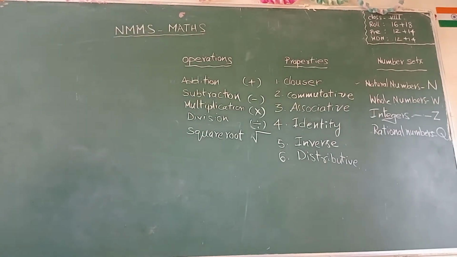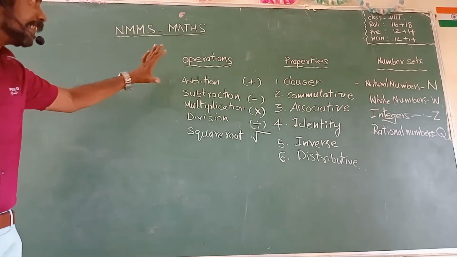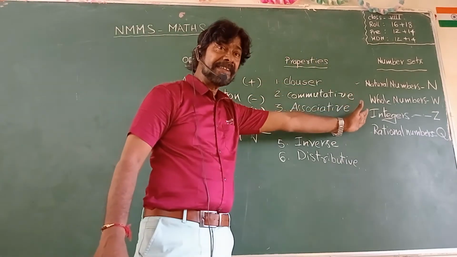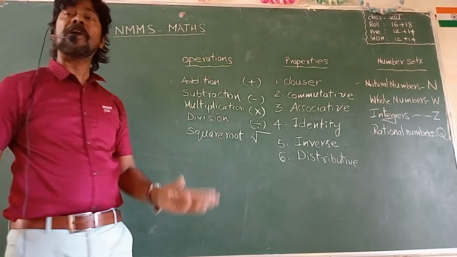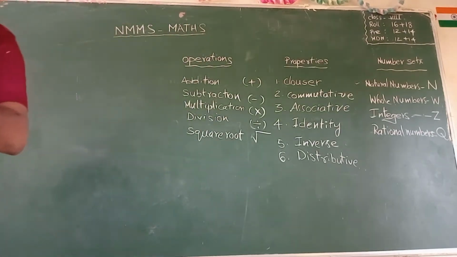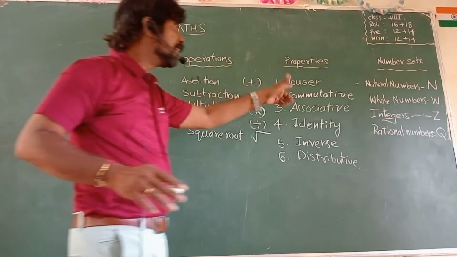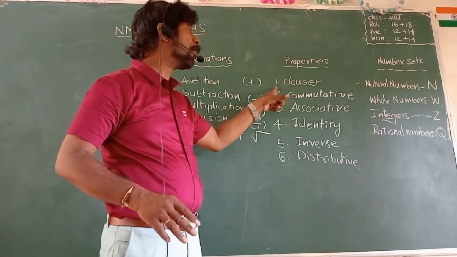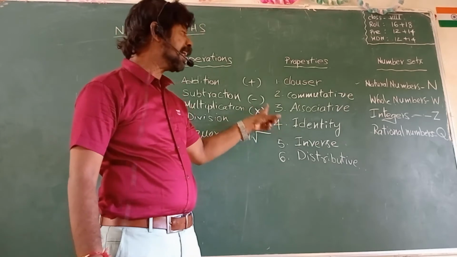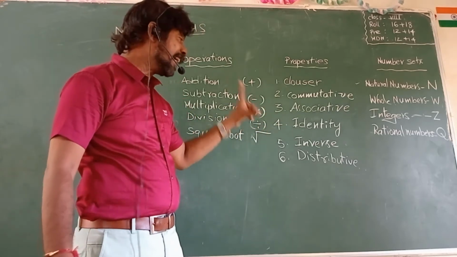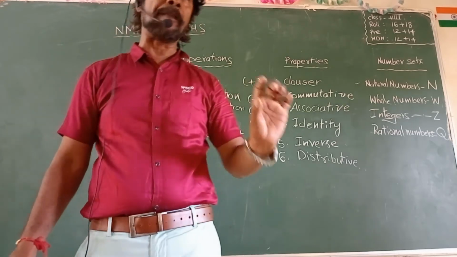Okay. Come on. Now, మన aim ఏంటంటే ఈ 6 ప్రాపర్టీస్ ఏ సెట్ కి అప్లికబుల్ అవుతాయా లేదా చూడాలి. We have to observe these properties: closure property, commutative property, associative property, identity property, inverse property, distributive property.